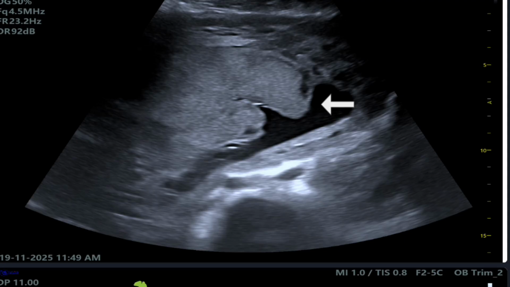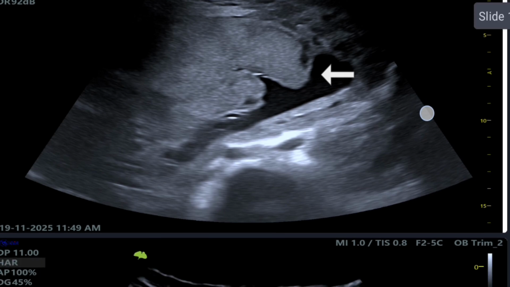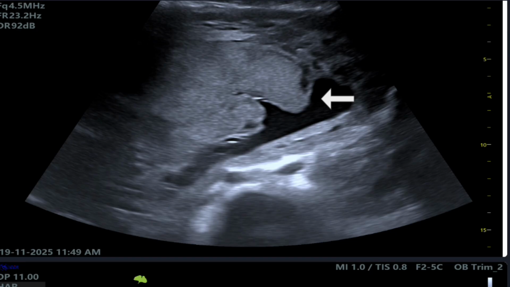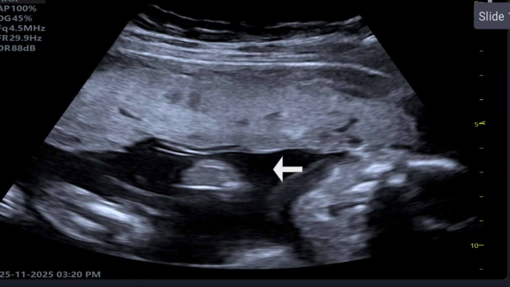However, in this particular image, one would not be in a hurry to say that the amniotic fluid is adequate, especially if the volume noted is like this in the different quadrants of the abdomen, of the uterus. So, in a situation like this, during ultrasonography of the pregnancy, one would want to get an objective assessment.